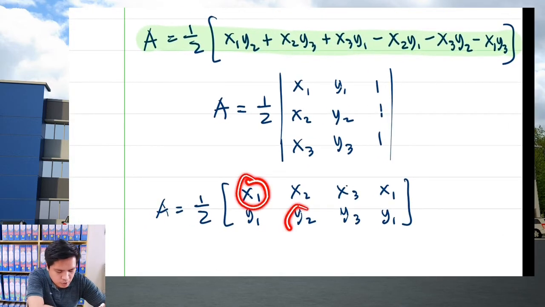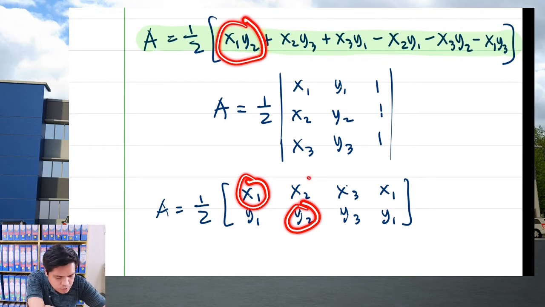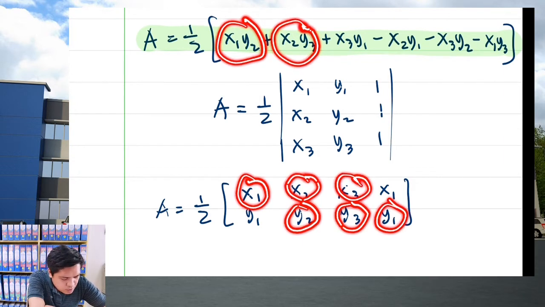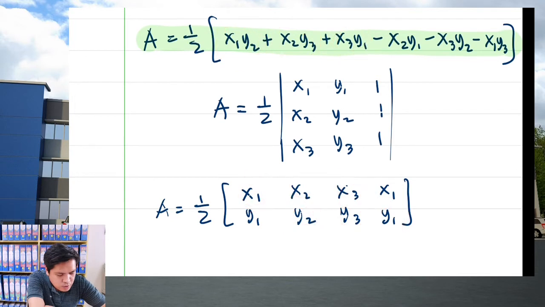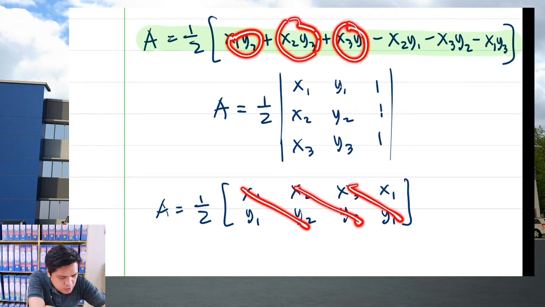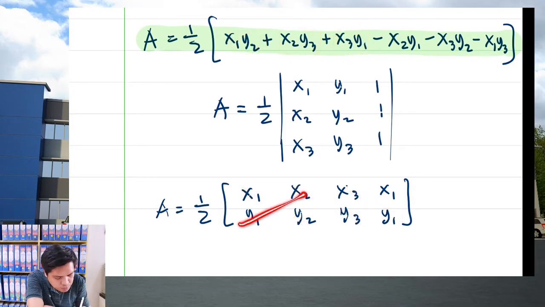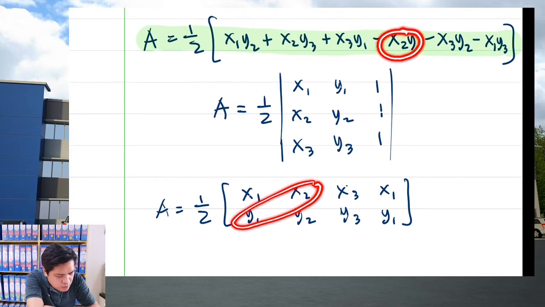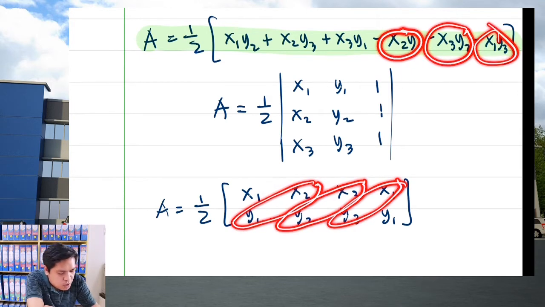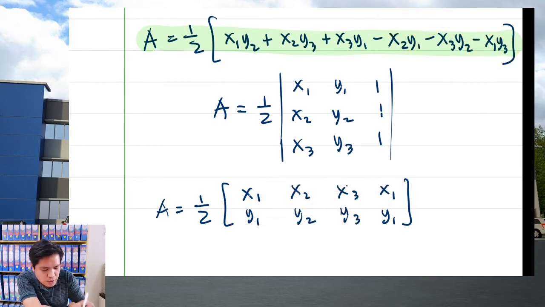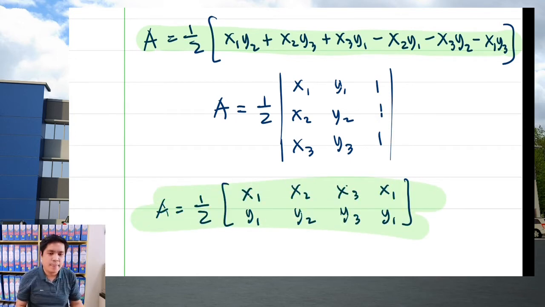So, x1 times y2 plus x2 times y3 plus x3 times y1. Then, yung dito direction naman, that would be negative. So, minus x2 times y1, x3 times y2, then x1 times y3. So, ganun siya. So, eto na lang pwedeng tandaan nyo na formula for the triangle.